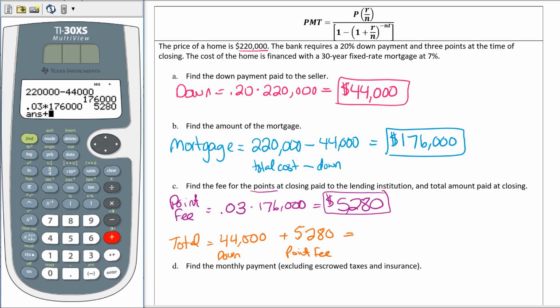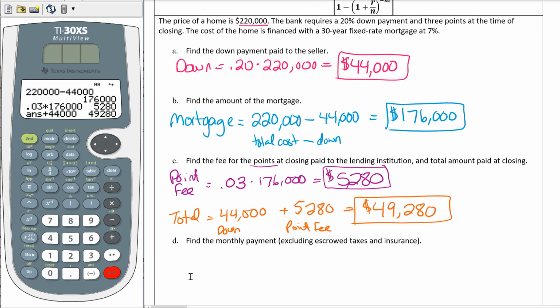So I'm going to take 5,280 plus the 44,000, which is going to be 49,280. So this is how much you're going to have to bring to the table at closing, which means you might want to have started an annuity so that you can start saving this much money so that you can buy your home one day.